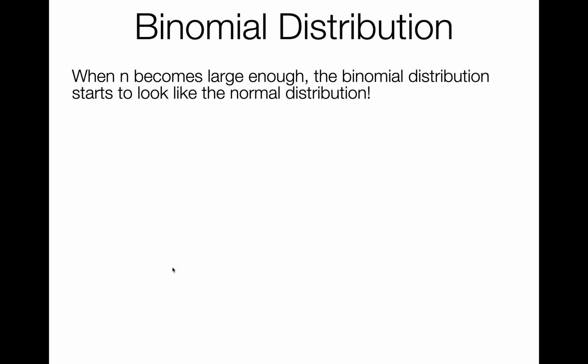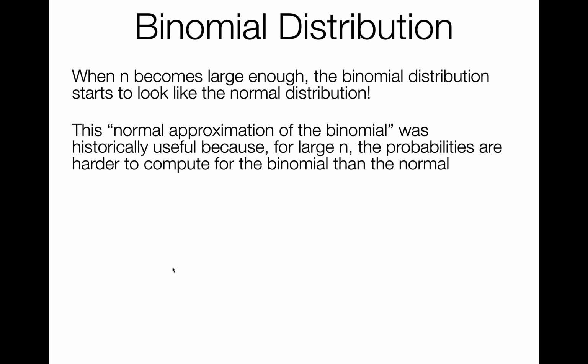So how can something discrete start to look continuous? Well, there are many ways that can happen, but the histogram of the different values from the binomial distribution will start to form something that looks like a normal curve. This is often called the normal approximation of the binomial.